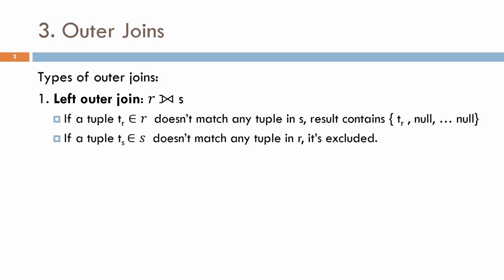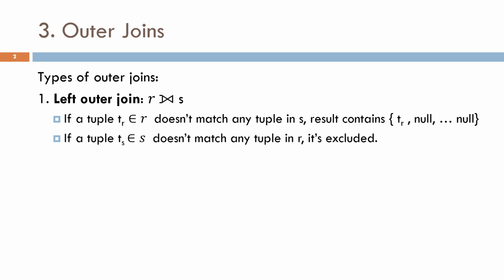Let's explore the three different types of outer join. Left outer join. It is denoted by the symbol R left outer join S. In a left outer join, if a tuple Tr from relation R doesn't match any tuple in S, the result will contain Tr with S null.